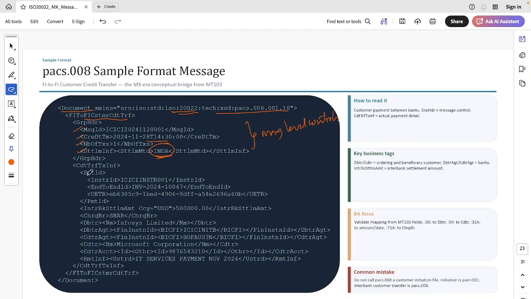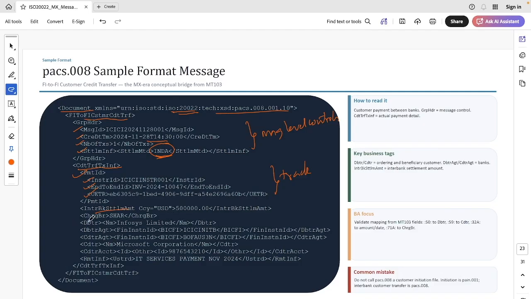Then we have the transaction section. Inside transaction section, we see payment ID with your instruction ID, end-to-end ID, your UETR. So these references help to link and track the payment. These are used for your tracking purpose. Then we see interbank settlement amount.